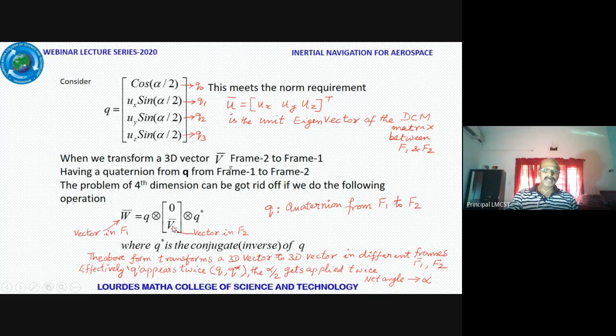Suppose V is a vector in frame 2, and I want to represent it in frame 1. Using a quaternion, how it can be achieved is, we take this Q, and this is the quaternion multiplication, and the vector is written as a quaternion. A 0 element is added to make it a 4 element quantity, and then quaternion multiplication with the conjugate or inverse of the same quaternion. If you do this operation, you get this W vector. That is the same vector V, now represented in frame 1.